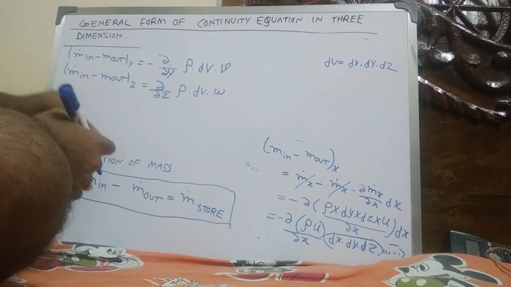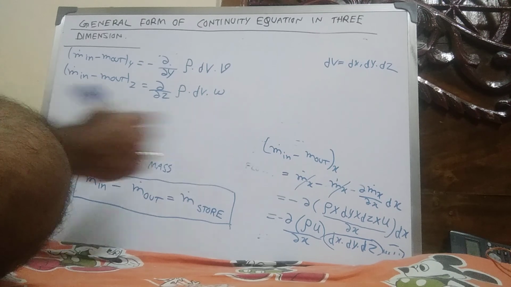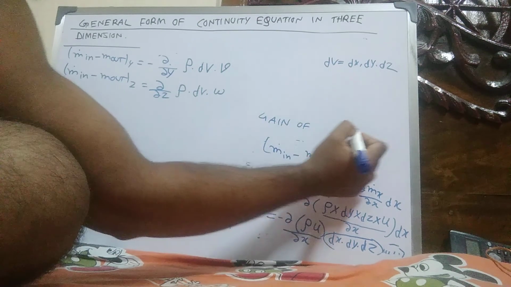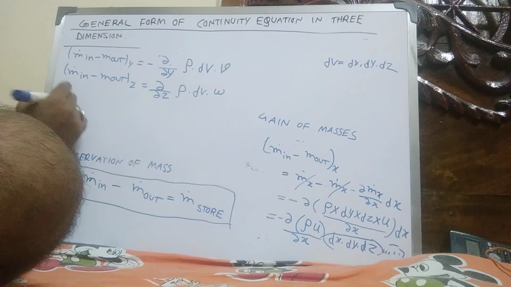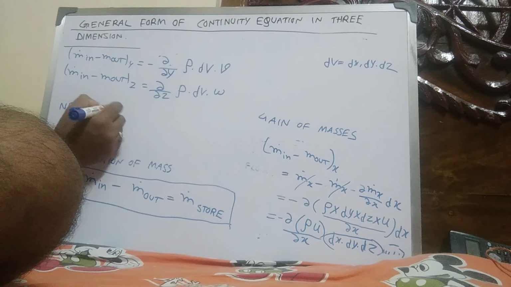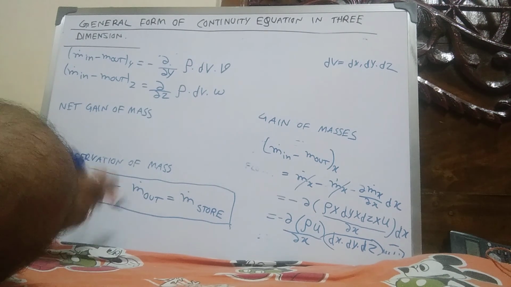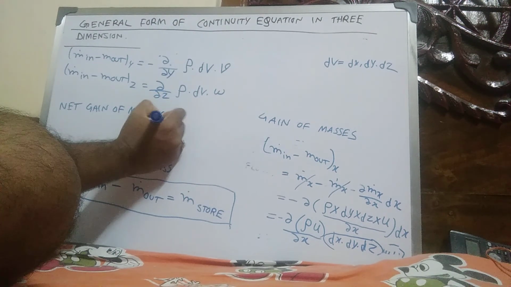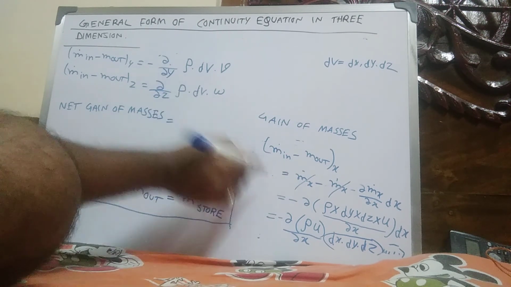And this is the total sum, the net gain of mass, and gain means store. This net gain of mass is the sum of this one, this one, and this one.